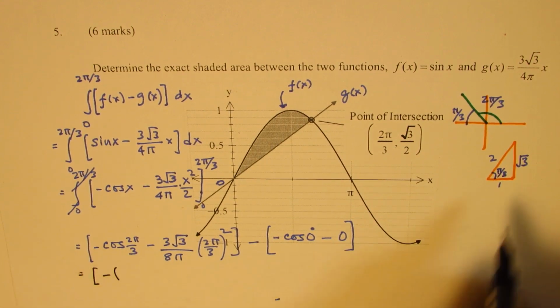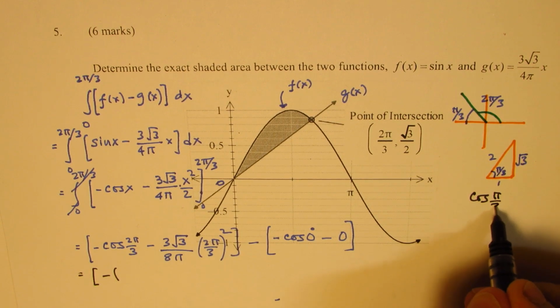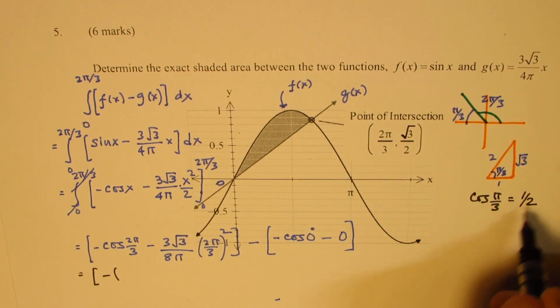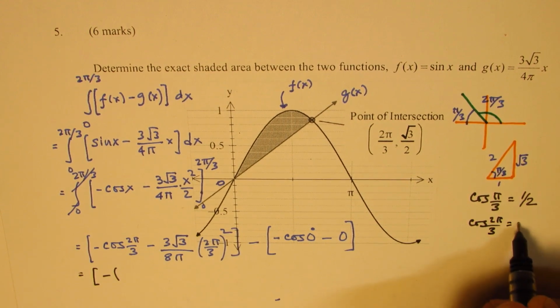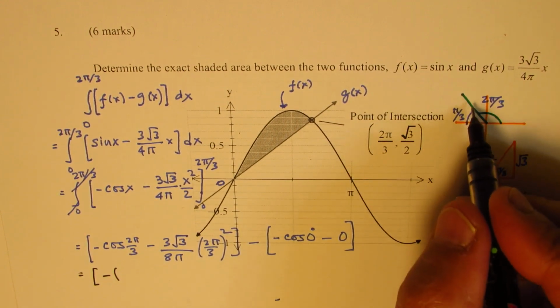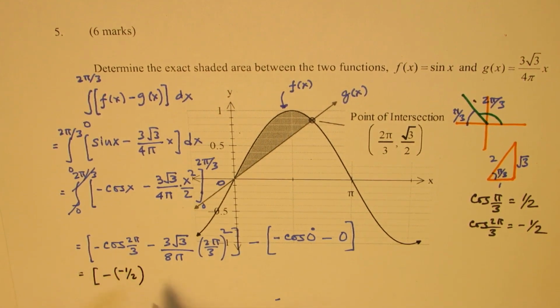So the value here will be equal to negative of negative half, right? So cos pi by 3 is half, and cos 2 pi by 3 is going to be minus half, correct? You are in quadrant 2. So this is minus half for us.